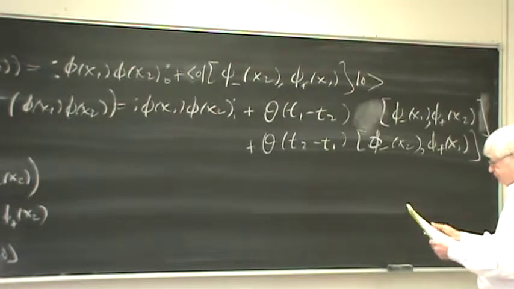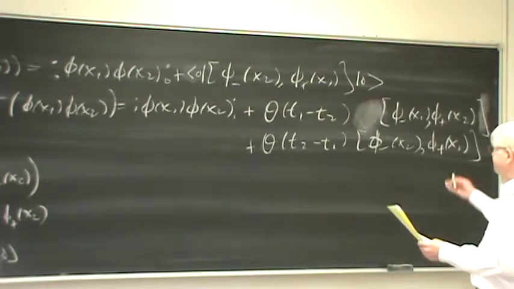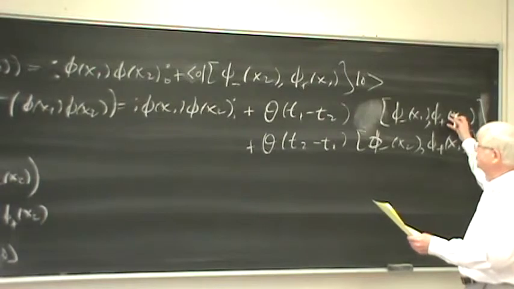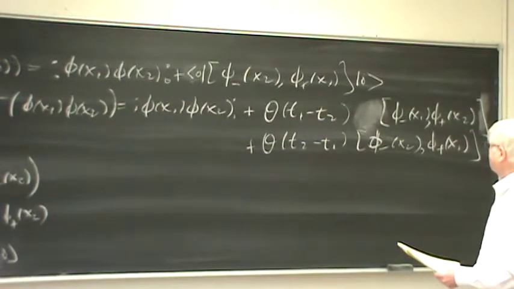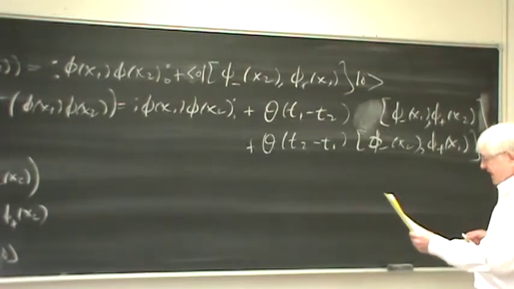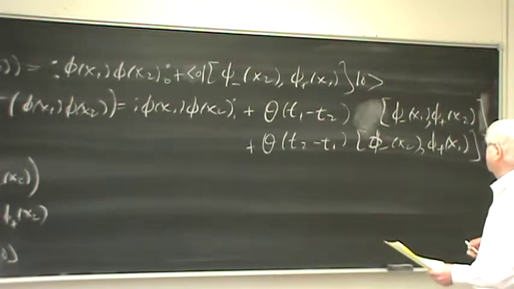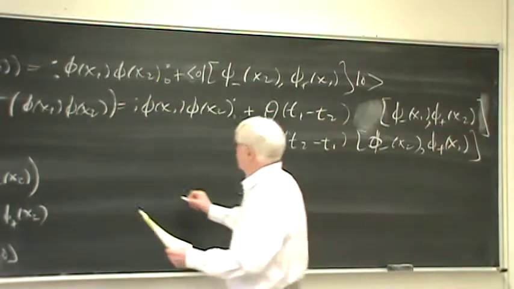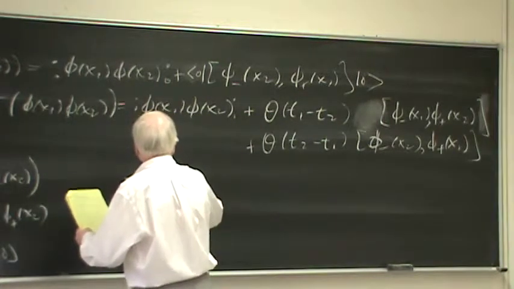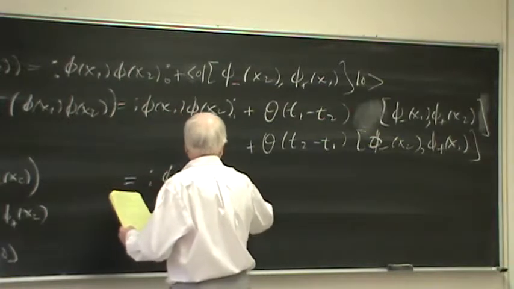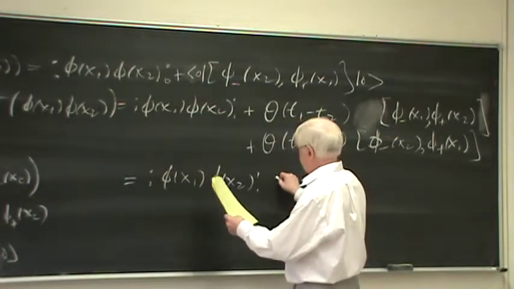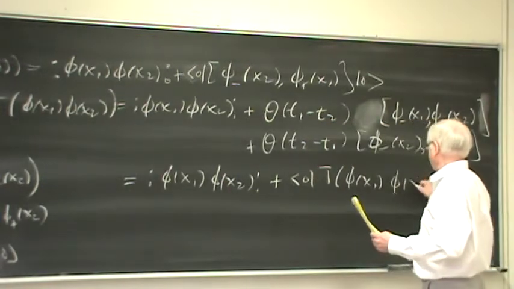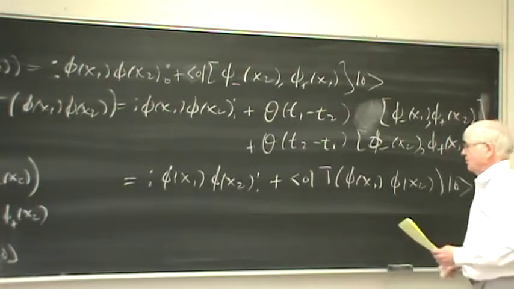And now, since these are commutators, they're C numbers, we can take a mean value in the vacuum, and what happens is we can show that this thing is the same as the time-ordered product of fields in the vacuum, or in the ground state.